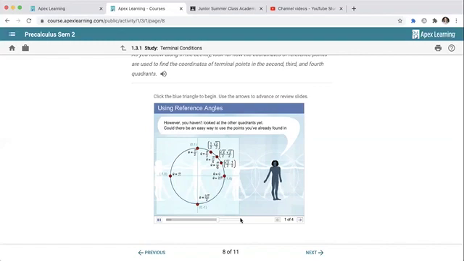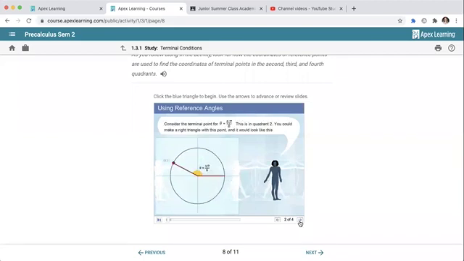So is there a way to use the points that we've already found in order to solve the other quadrants? And the answer is yes, of course there is. It's a circle. So we're going to call them our reference angles. What it means here is if I look at 5 pi over 6, it's in quadrant 2, the second quadrant.